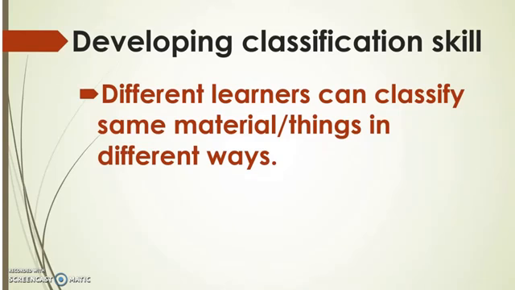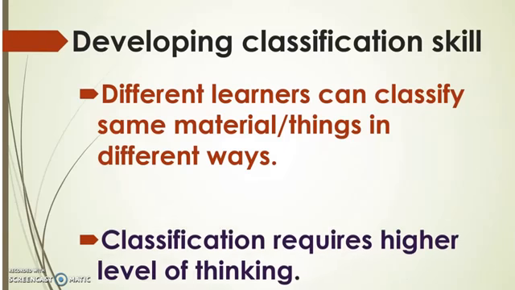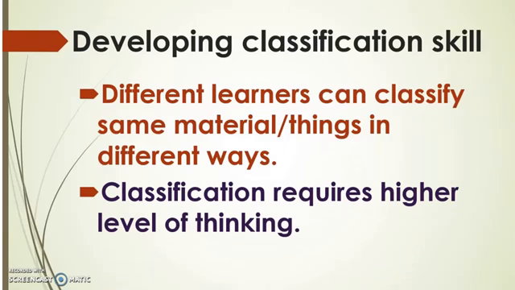You should encourage your learners to classify the material in different ways. That's why classification is a skill which requires higher-level thinking, because they have to identify the purpose. When they think about the purpose, the attributes, and the commonalities on the basis of which they want to classify, they apply higher-level thinking, and it helps you in developing it.